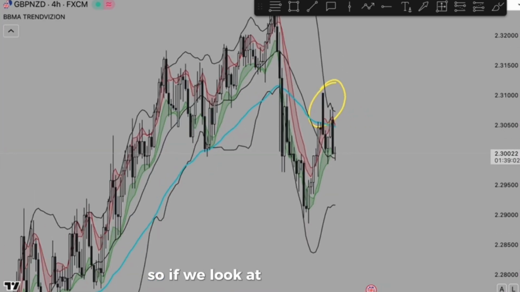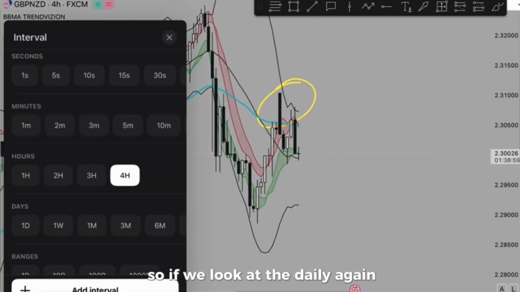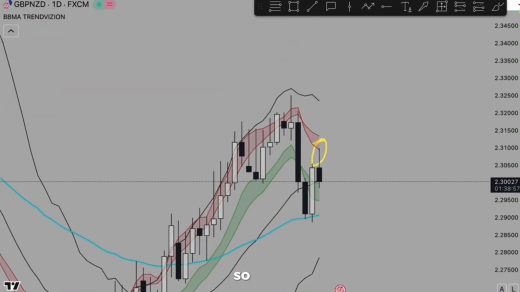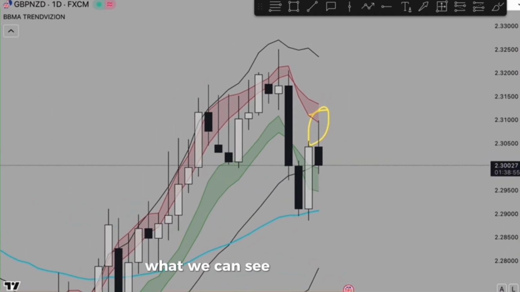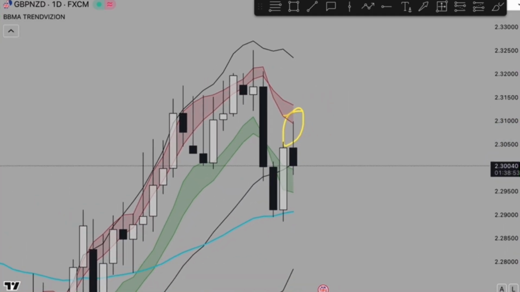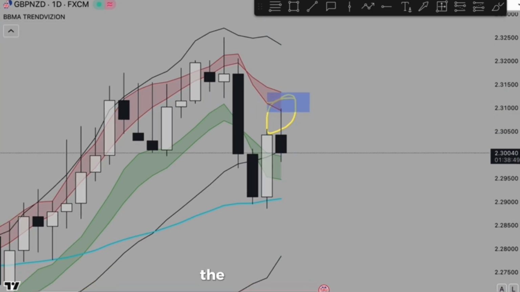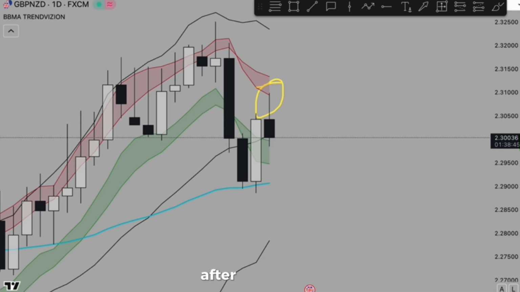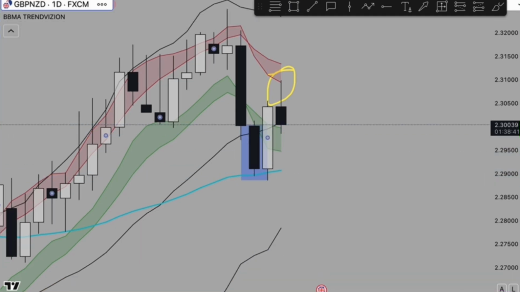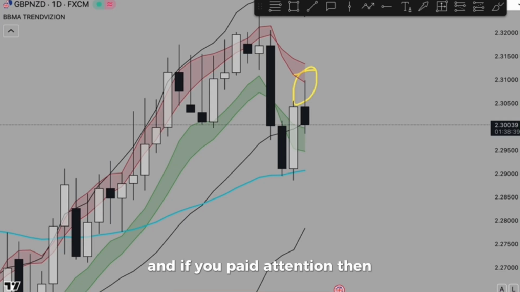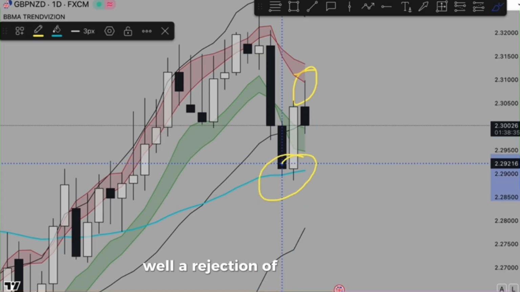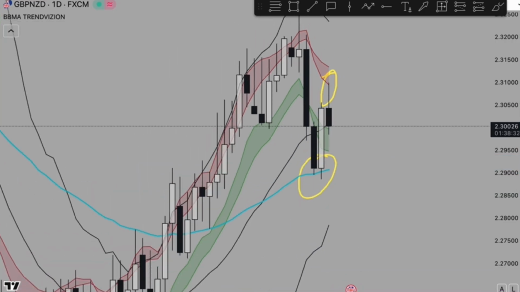So if we look at the daily again, what we can see here is that it indeed went to a sell re-entry zone here, the MA 5 10 high after a CSAK sell. And if you paid attention, you heard that I said a rejection of the EMA can be an extreme.